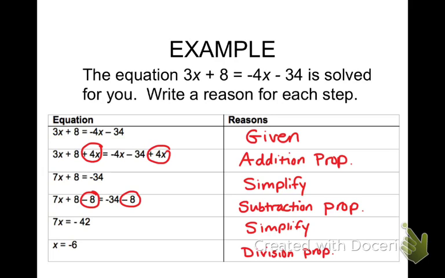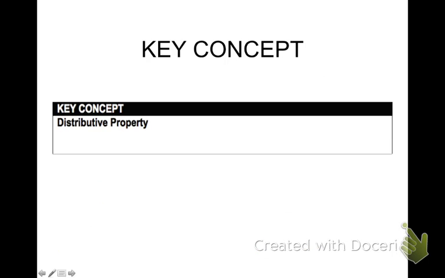So now we're going to justify it by giving it a property on the reasons side of our 2-column proof. Okay, so we're going to add another property to our tool belt. You did this a lot in your homework. The distributive property.